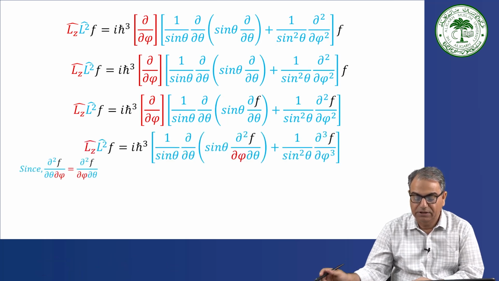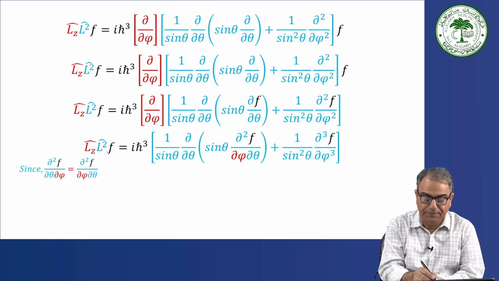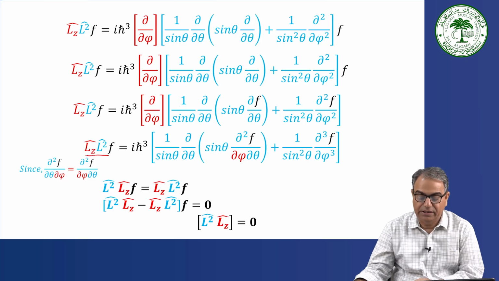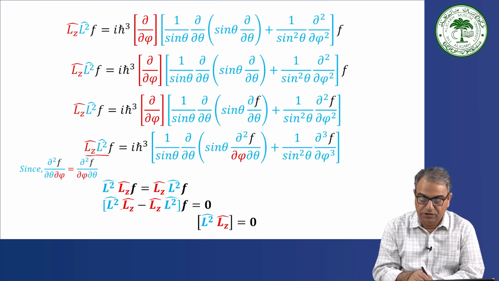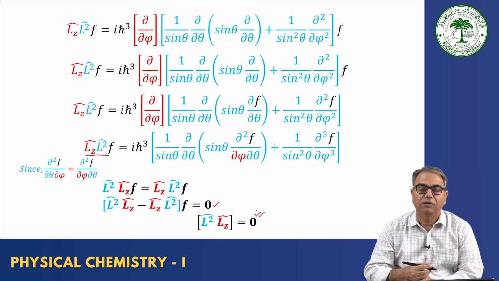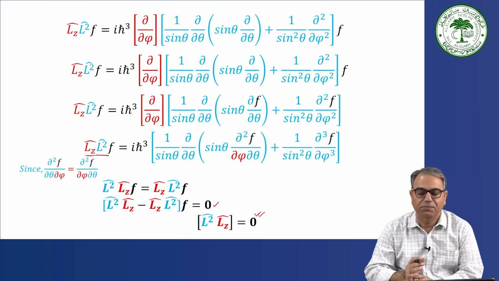And del square f by del theta del phi and del phi del theta is the same thing. So if you compare this with the previous equation of L square Lz, it is the same equation, and if it is the same equation, then you can write L square Lz f and Lz L square f are the same thing. So you get this commutator equal to 0, and this was the result on the very first page, that total angular momentum and one of the components of the angular momentum commute with each other. So simultaneous determination of total orbital angular momentum and the Lz component of the angular momentum is feasible, is possible. Okay.